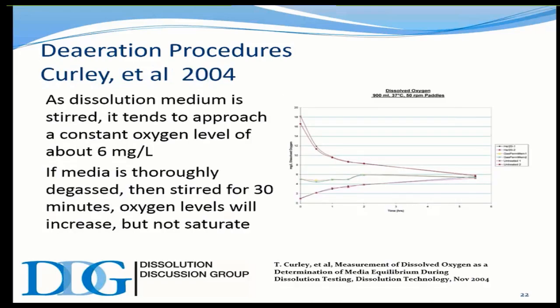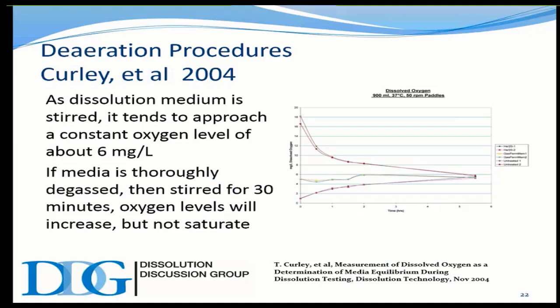And there was another study done by the folks at Merck, who ran some studies back in 2004 and realized that the equilibrium I was just talking about has a natural tendency to settle out around 6 part per million, around 6 milligrams per liter. They did this study using different media.